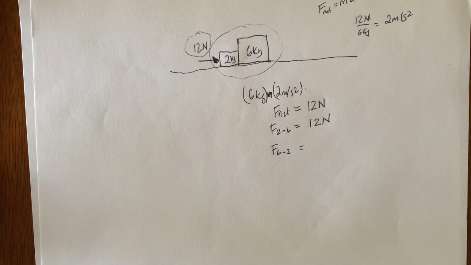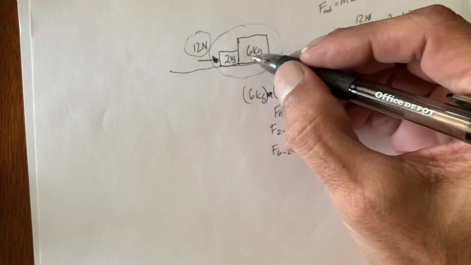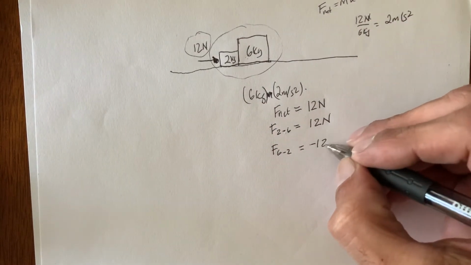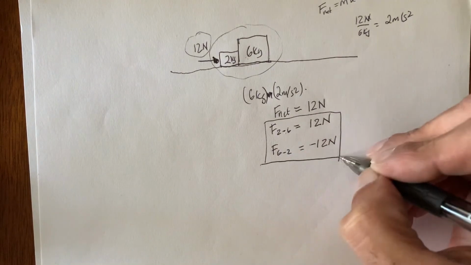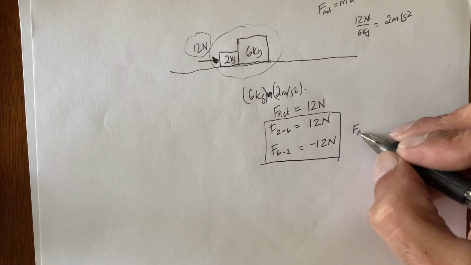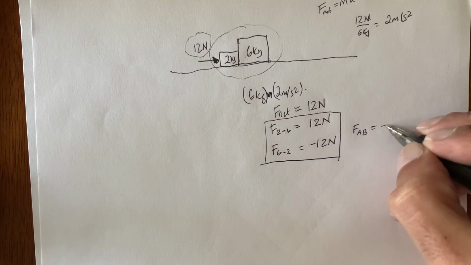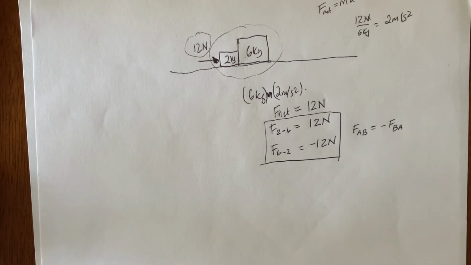There's a contact force or normal force in both cases. If this one's positive, that one would be negative, so you simply write that as negative 12 newtons. This is really a restatement of Newton's third law: the force of A on B is equal to the negative force of B on A. Okay? That's how you'd handle 2 blocks.